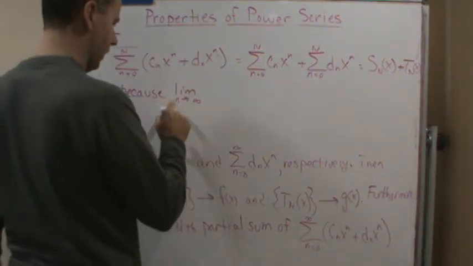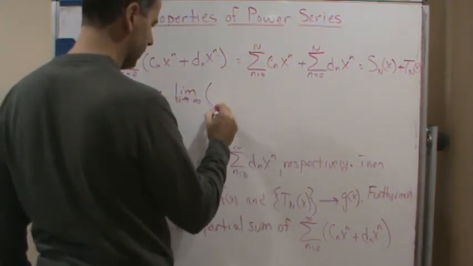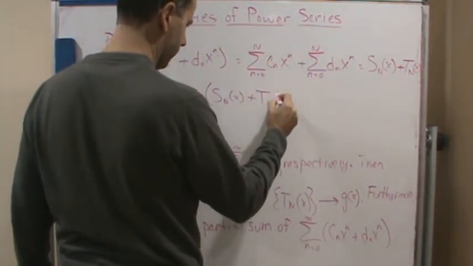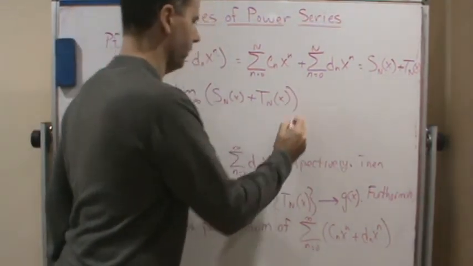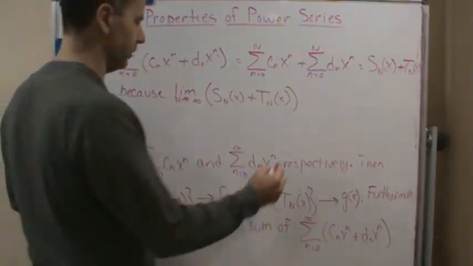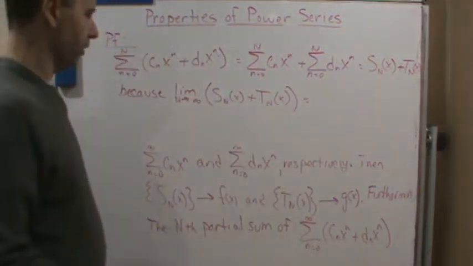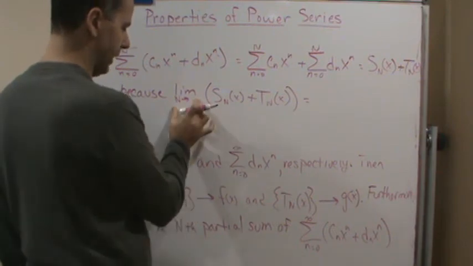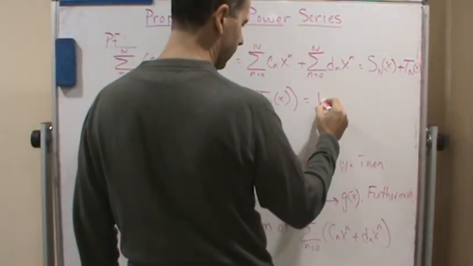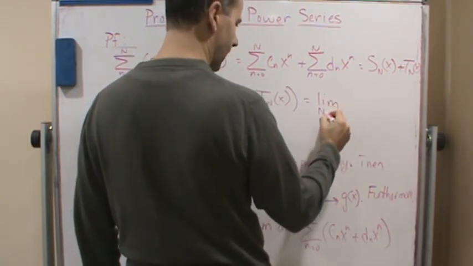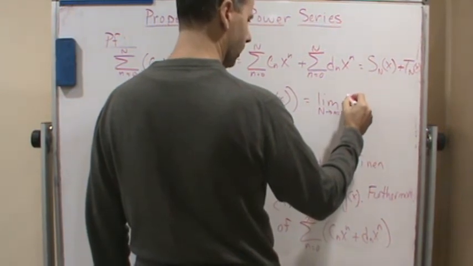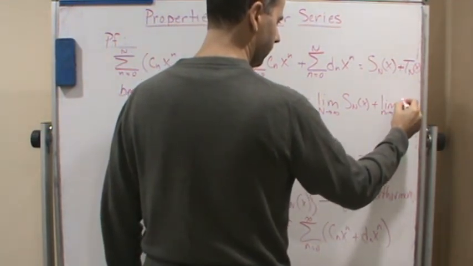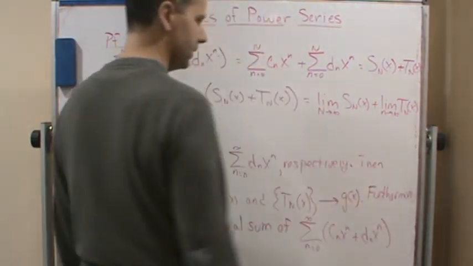because of properties of limits, since these are convergent partial sums, as N approaches infinity this is going to be the same as the limit as N approaches infinity of s sub N of x plus the limit as N approaches infinity of t sub N of x.